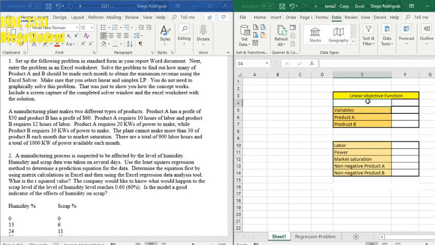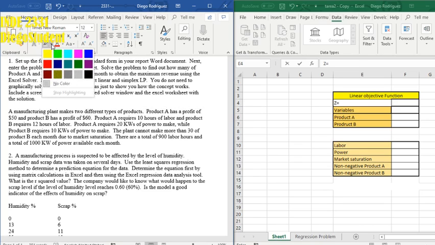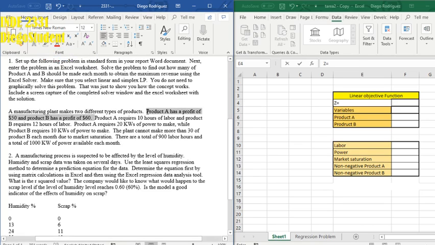So we're gonna write it right here. Z equal to product A, which has a profit of 50, times, we're gonna call product A X, times product B, which has a profit of 60, times, and we're gonna call product B Y. And then we're gonna put it as a formula in Excel.